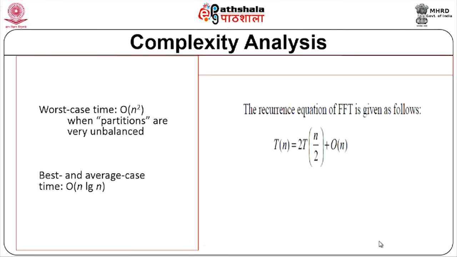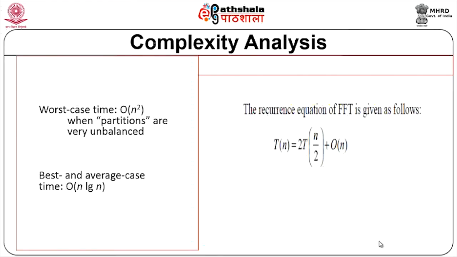If you solve this particular equation by means of a tree or any other method, the complexity is going to be order of n log n for the best and average case. In the worst case, the complexity is going to be order of n square.